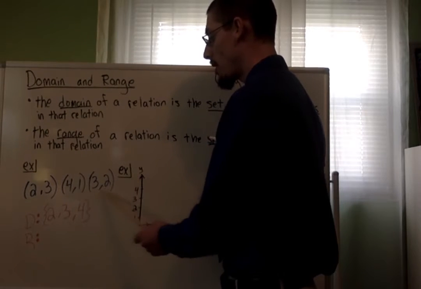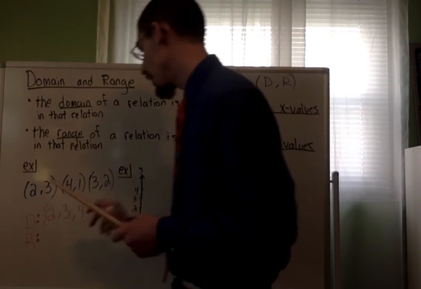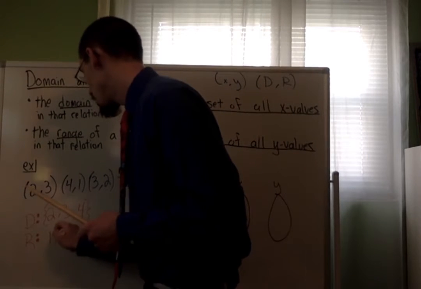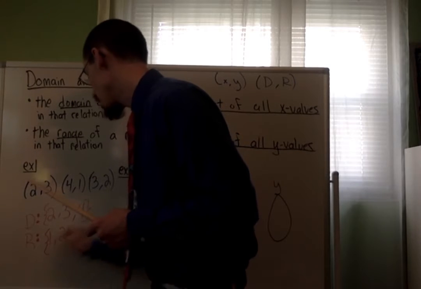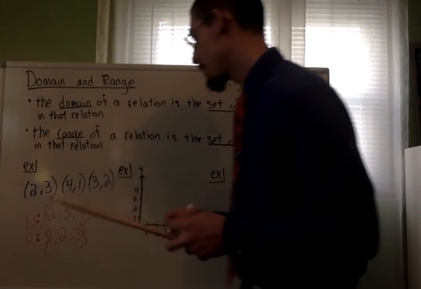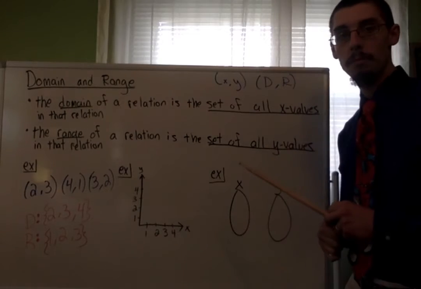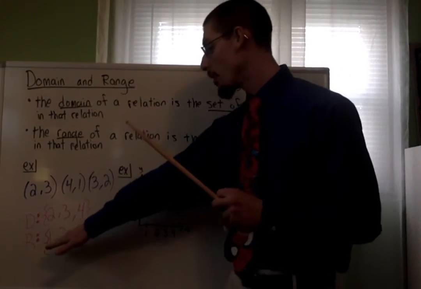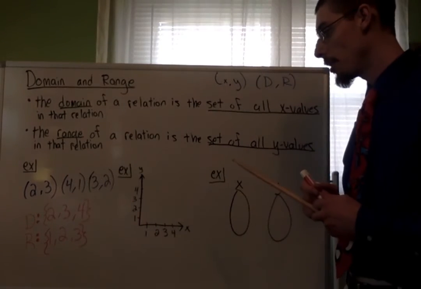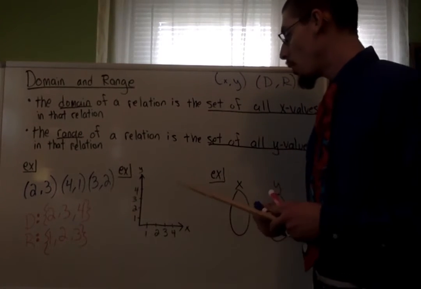The 1, then the 2, then the 3. So my range is 1, 2, 3. Very basic. So again, domain, you're just listing out the numbers. Range, you're just listing out the numbers.